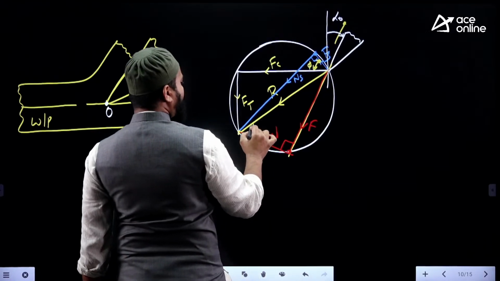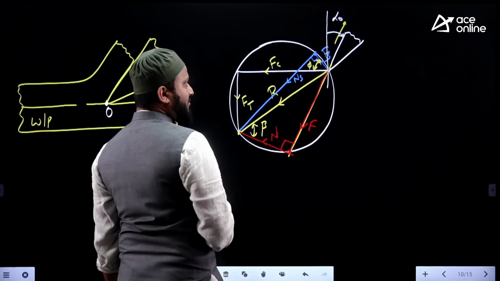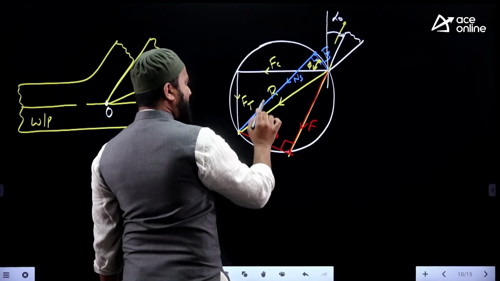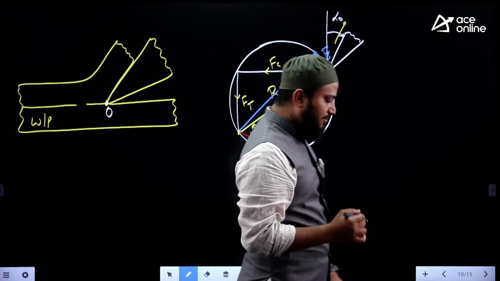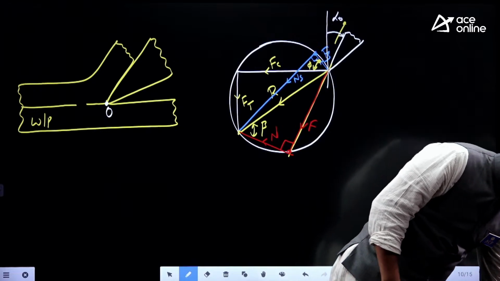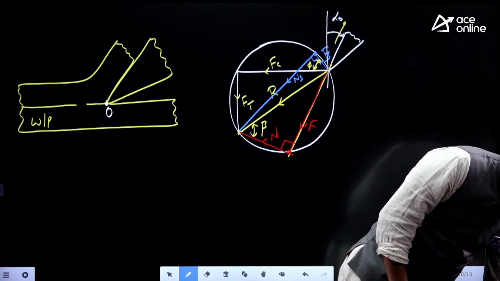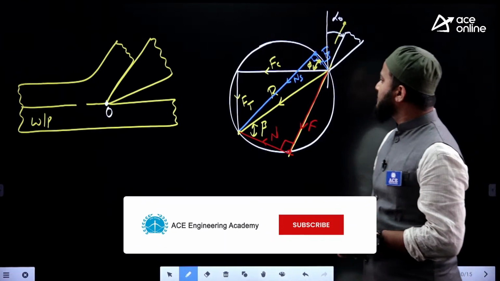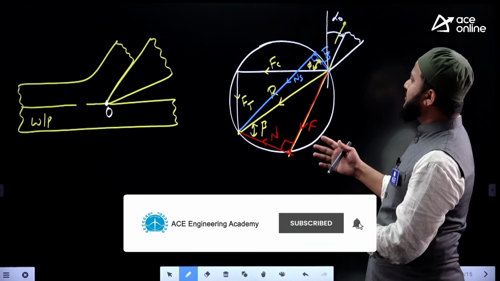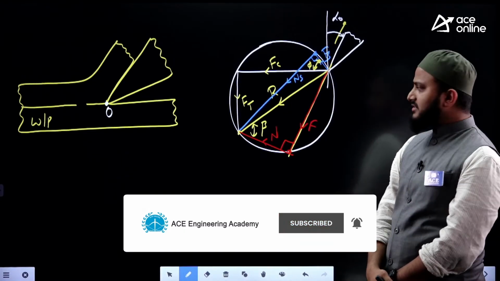Then here we provide one more extra angle, which we call the friction angle beta. So for the same resultant, all these forces are in balance. Therefore, we are able to get all dynamic force calculations based on the Merchant analysis.